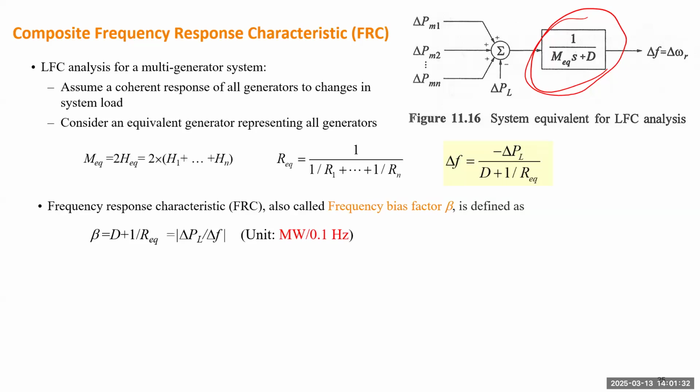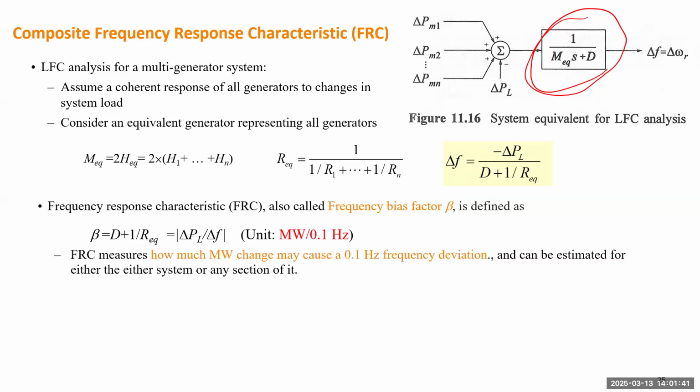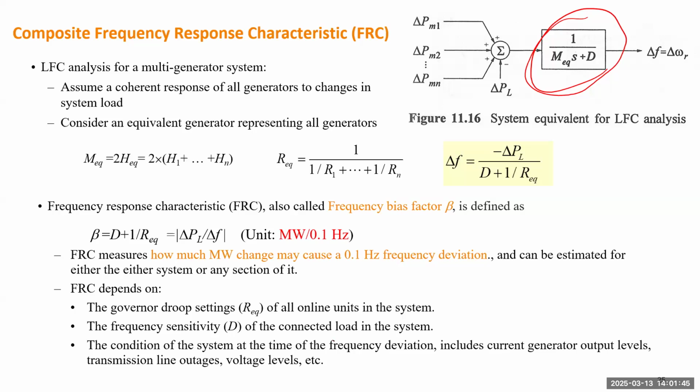So usually the beta value needs to be large, right? The bigger beta, the better for the system under frequency disturbance. So this beta value of the FRC depends on the governor droop settings based on the R value.